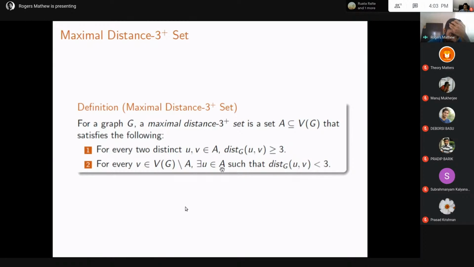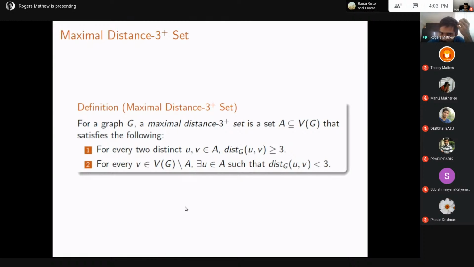That's the first property. The second property is that you take any vertex V outside A. There should be a vertex U inside A such that the distance between U and V is less than 3.